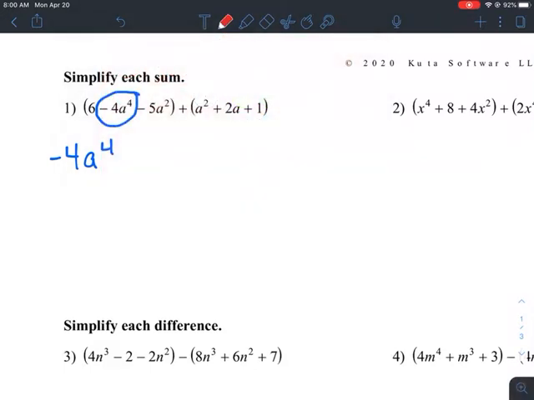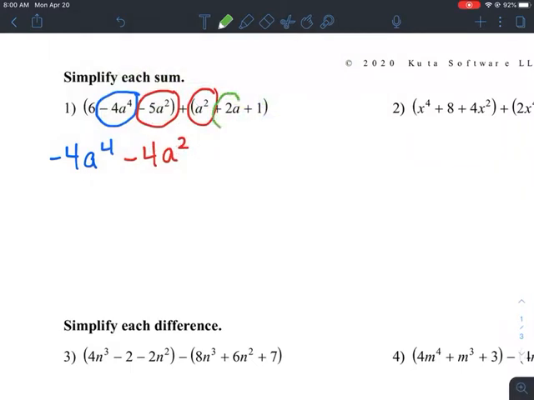So I'm going to start with negative 4a to the fourth. My next biggest exponent is squared, and I have two of those. So that's like negative 5a squared, and if there's no number in front, it's a 1. So negative 5 plus 1 gives me negative 4a squared.